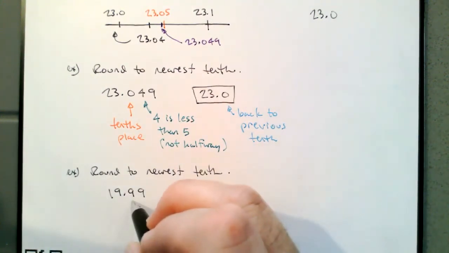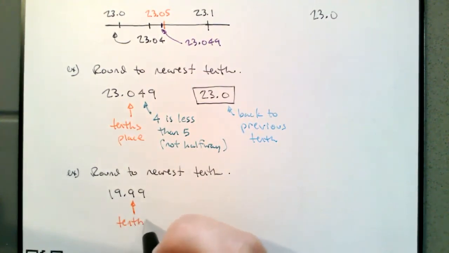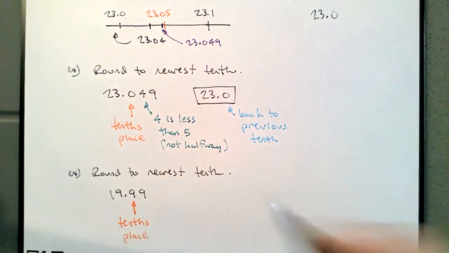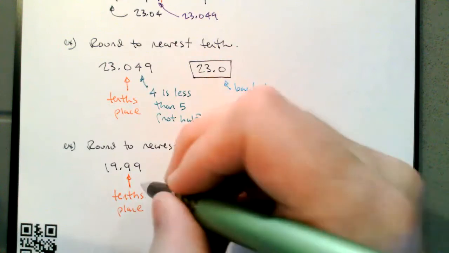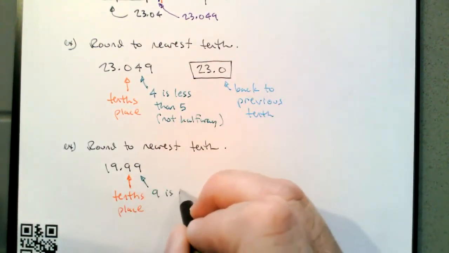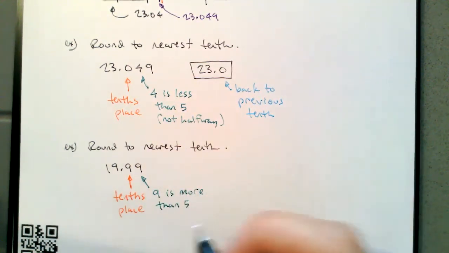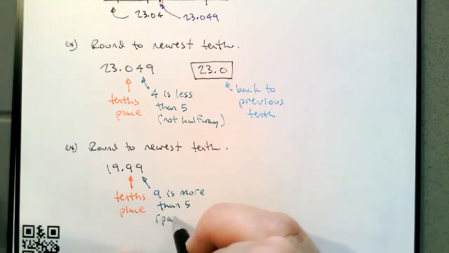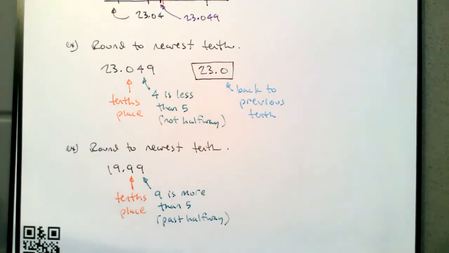The tenth here is this middle 9. So this is the tenths place. The next digit is a 9, and 9 is more than 5. So we are past halfway. So that means we go up to the next tenth.